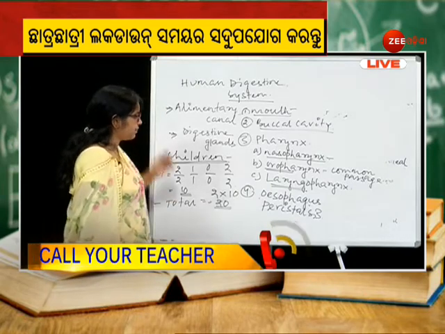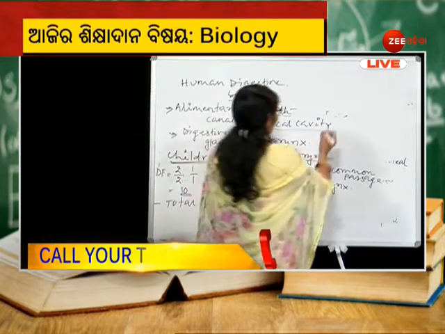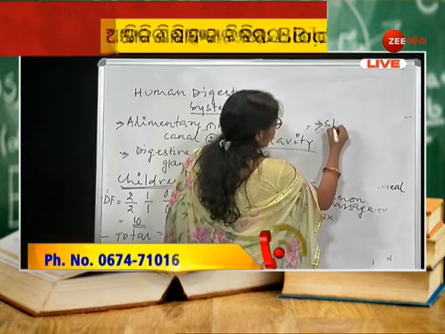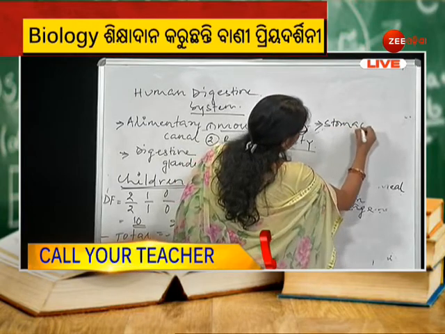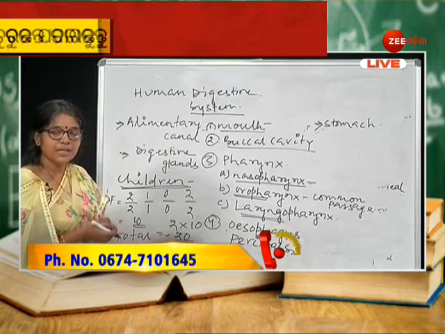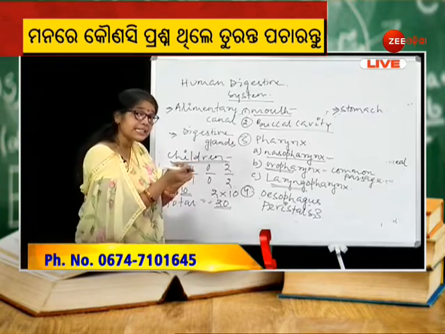The next part of the alimentary canal is the stomach. The esophagus leads into the stomach. The stomach is regarded as the widest part of the alimentary canal. It is J-shaped in its structure.